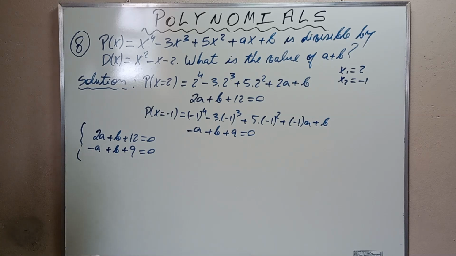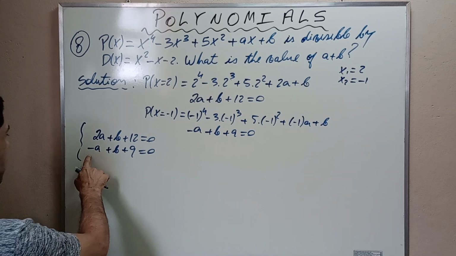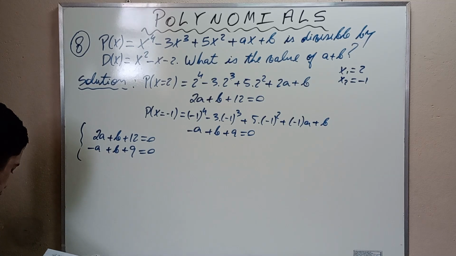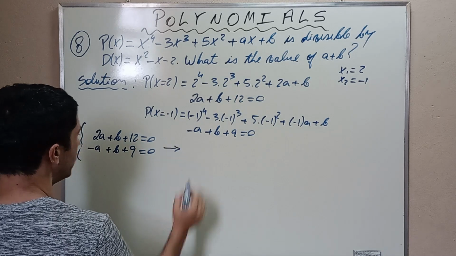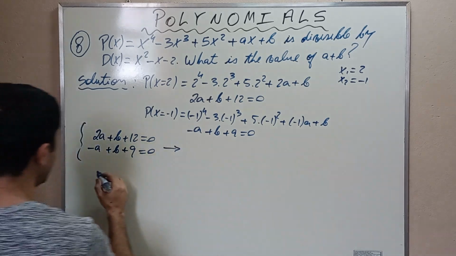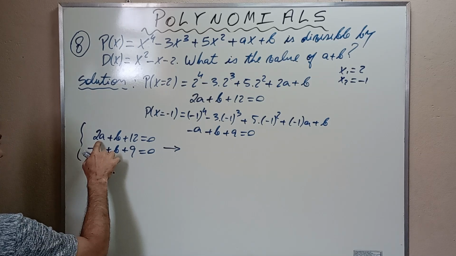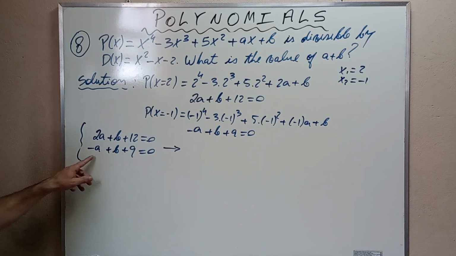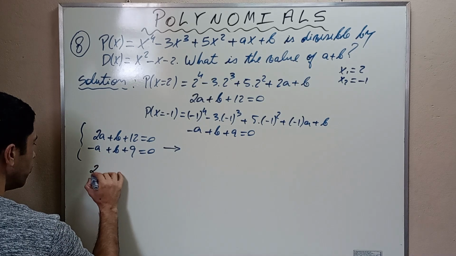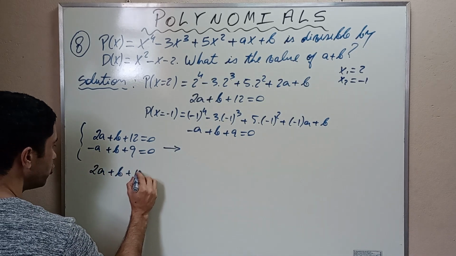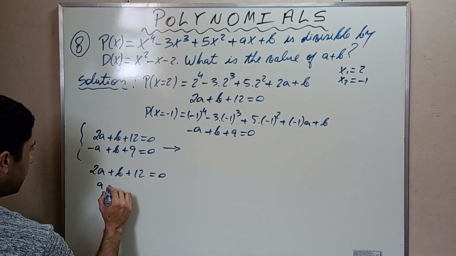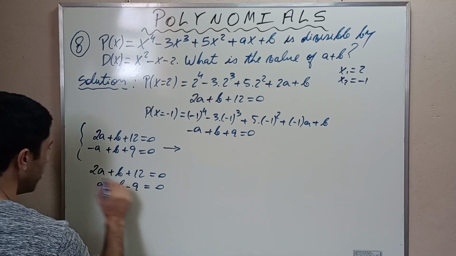It is easy to solve this system of equations. We can simply multiply the second equation by -1. Then the system is going to be 2a plus b plus 12 equal to 0, and a minus b minus 9 equal to 0.